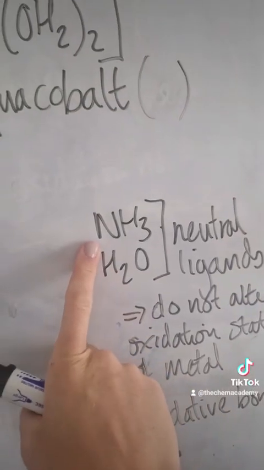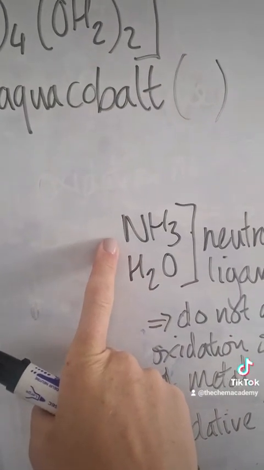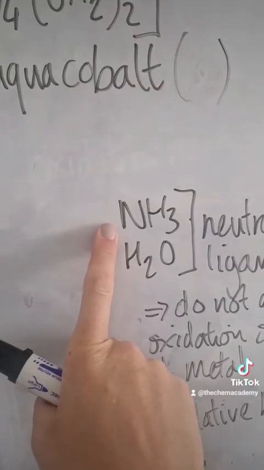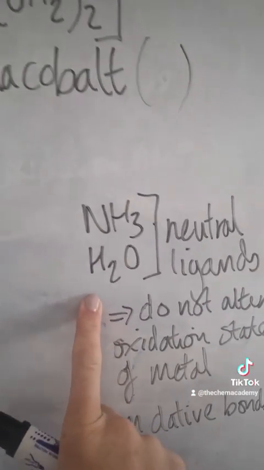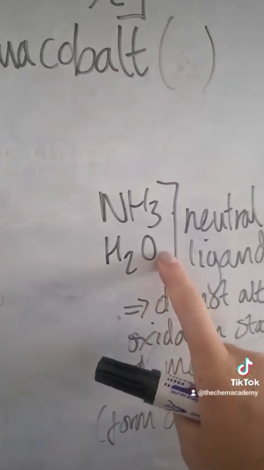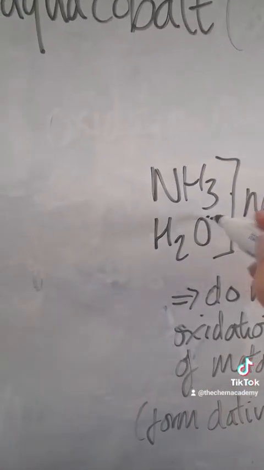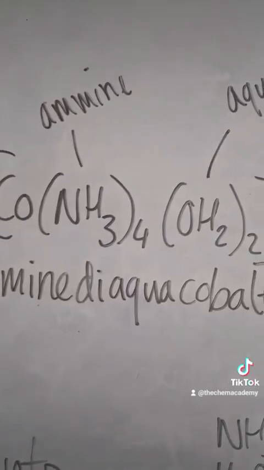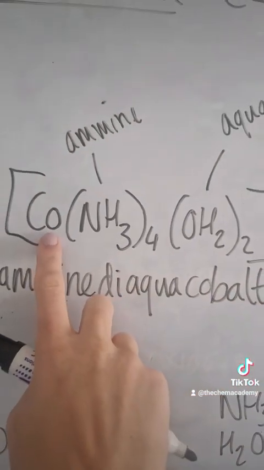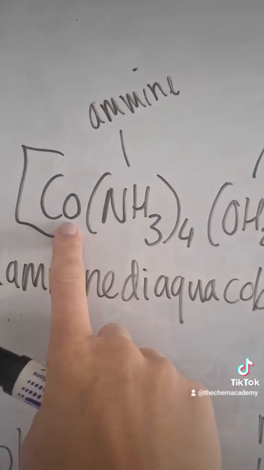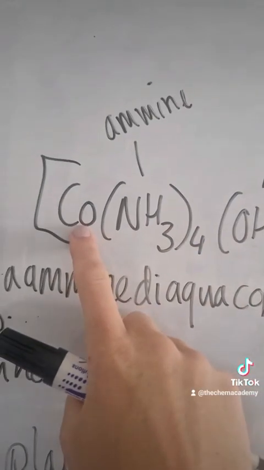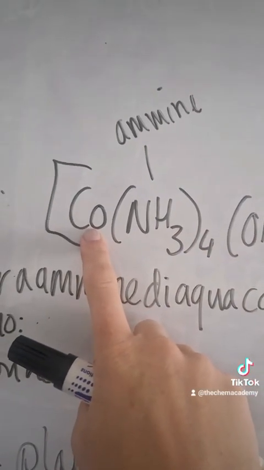So in the case of the amine ligand, the 2 bonding electrons come from the nitrogen atom's lone pair, and in the case of the water aqua ligand, the bonding electrons both come from the oxygen atom because it's also got lone pairs. Because these are both neutral ligands, they've not affected the oxidation state of the cobalt at all, so based on just the ligands, that should be 0 oxidation state.